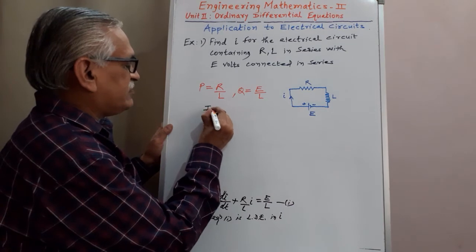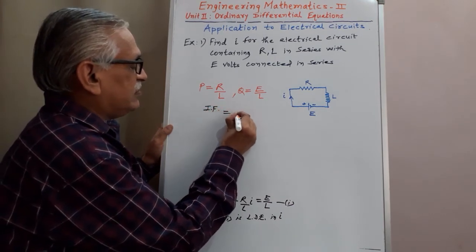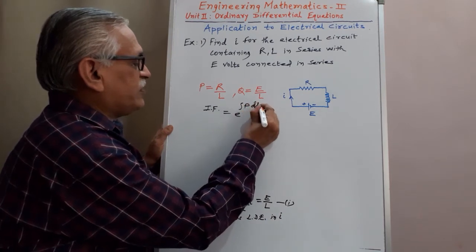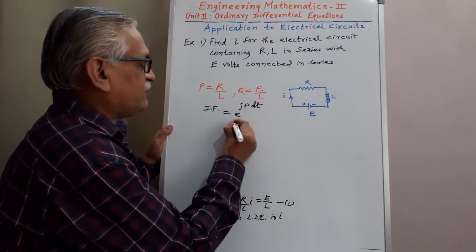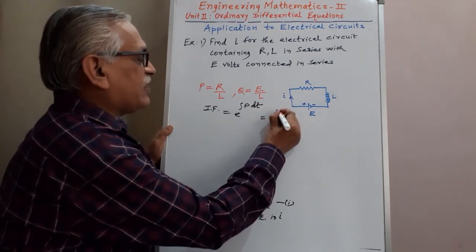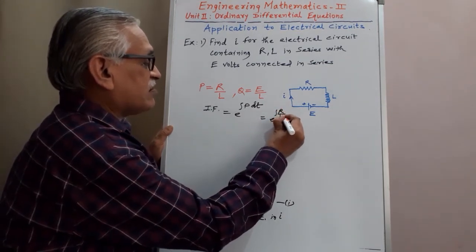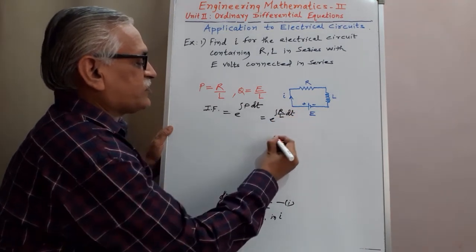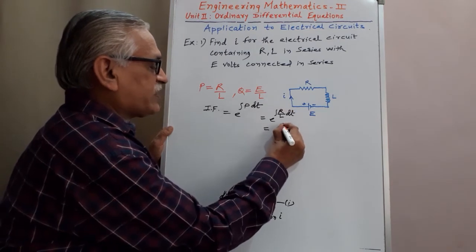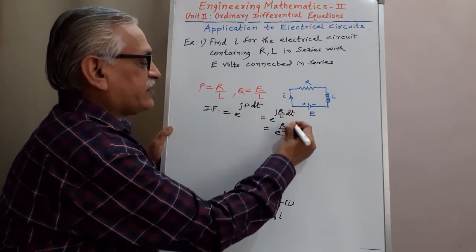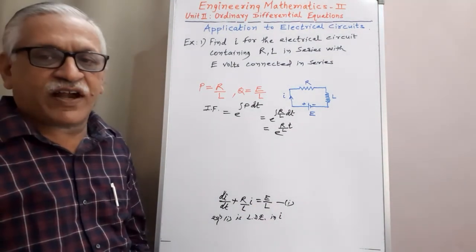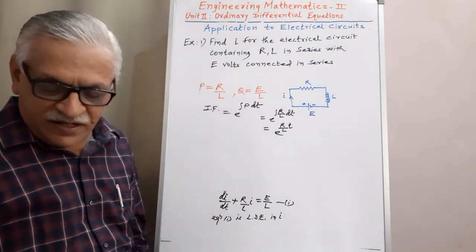Integrating factor is e raised to integration of P with respect to T, which is e raised to integration of R by L dt. The constant we take outside, and integration of dt is T. Therefore the integrating factor is e raised to RT by L.